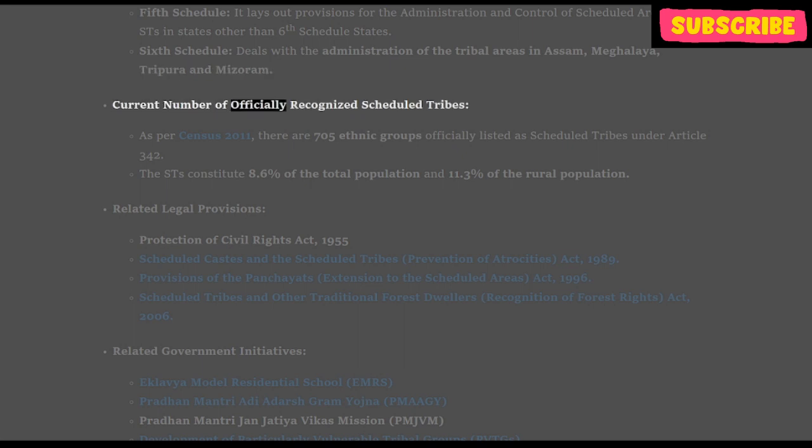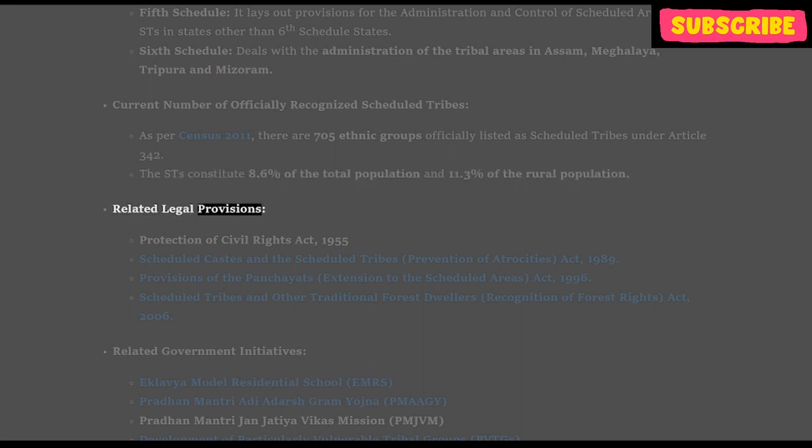Current number of officially recognized Scheduled Tribes. As per Census 2011, there are 705 ethnic groups officially listed as Scheduled Tribes under Article 342. The STs constitute 8.6% of the total population and 11.3% of the rural population.